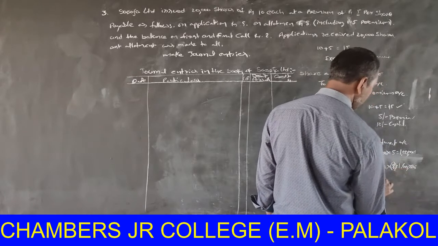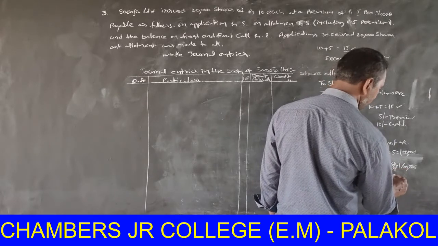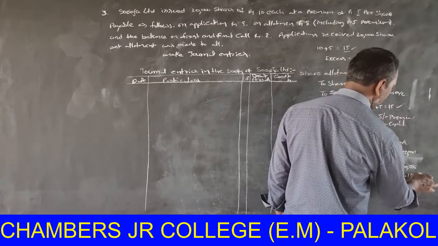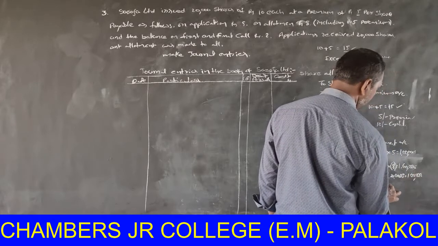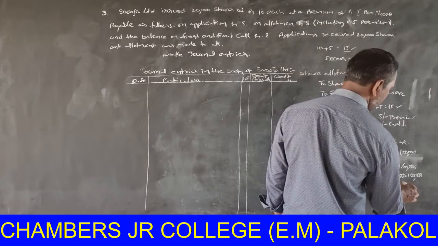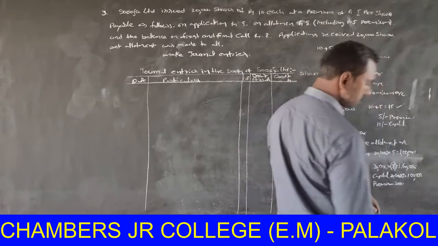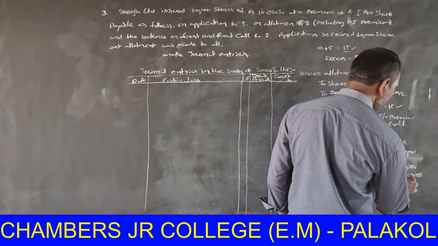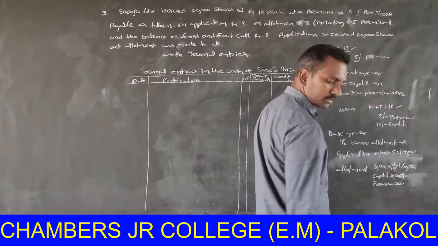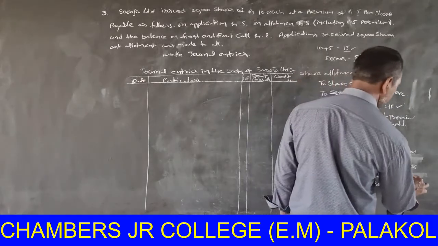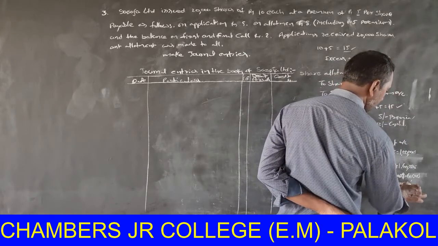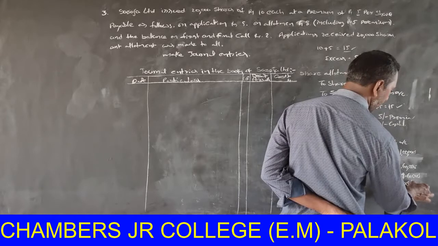In this 8 rupees, the capital is 20,000 into 3, that is 60,000, and the premium is 20,000 into 5 rupees per share, which is 1 lakh.